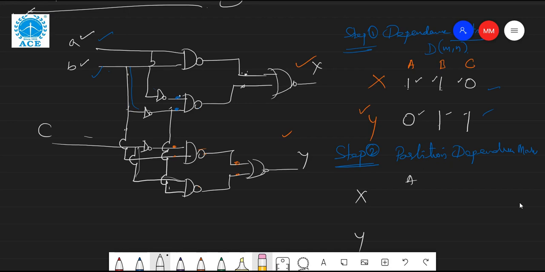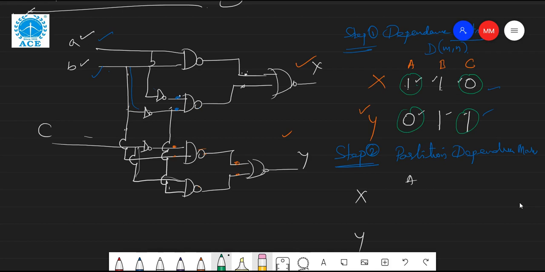That you need to consider as partition. In this case, just check. See here, A is 1. Now this is low. 1 0. Now in this case 0 1. Like this, combinations we need to take. While taking a partition, both should not be equal values, either 1 1 or 0 0.